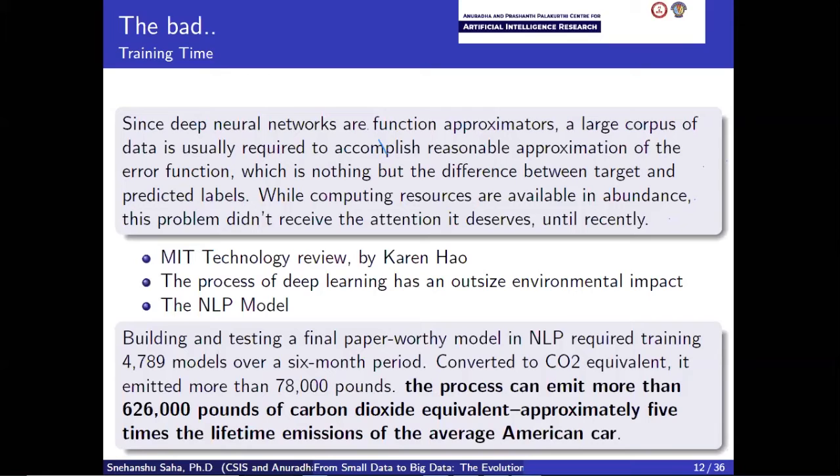And the process potentially can emit 626,000 pounds of carbon dioxide equivalent, which is approximately 5 times the lifetime emission of the average American car. So training a standard neural network model to achieve what you want is equivalent to running 5 cars in your household. Unless you are a really, really rich guy, I haven't really seen average American households having 5 cars, right? So imagine the cost.